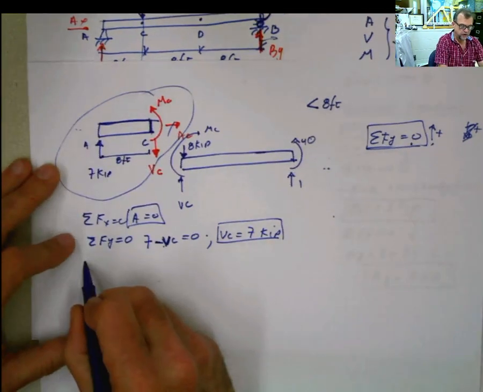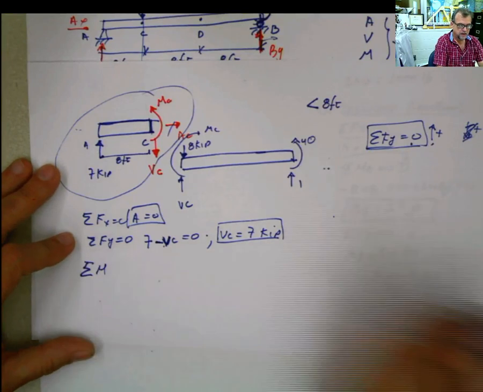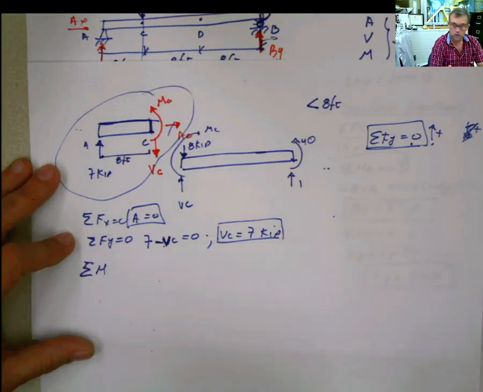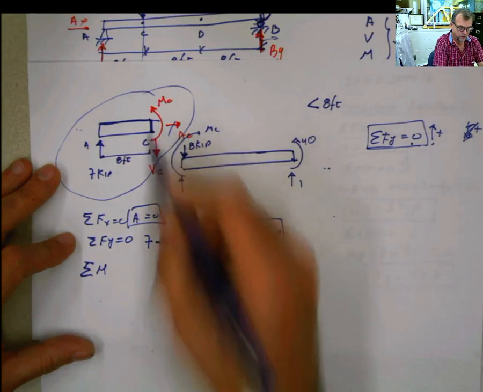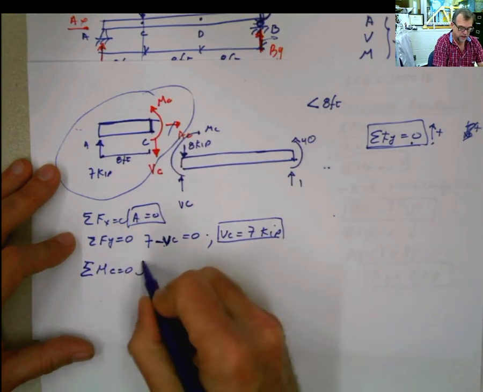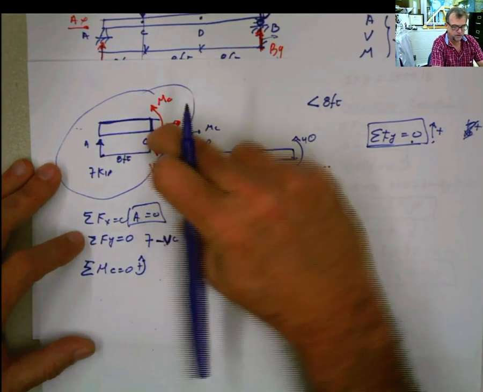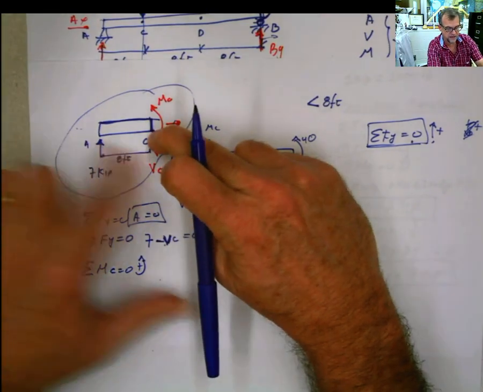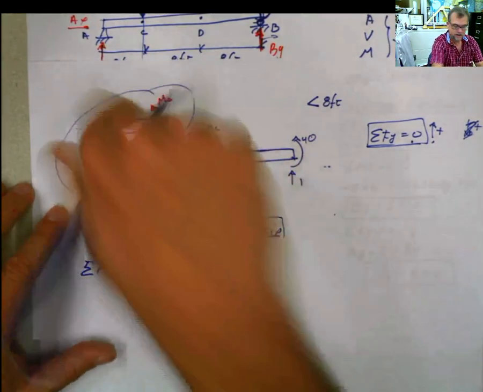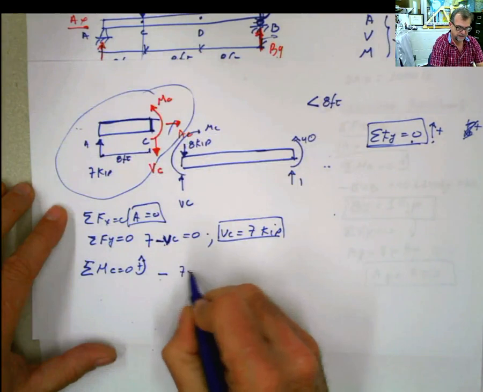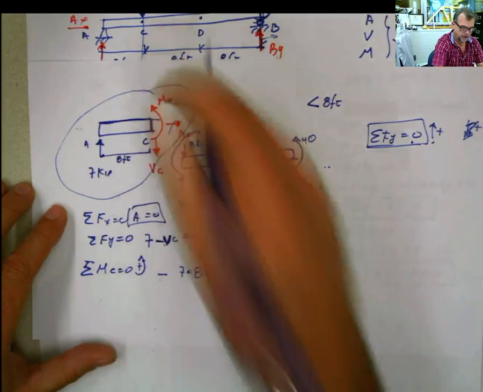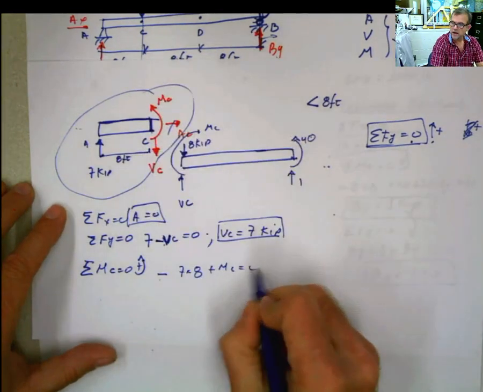And then you do summation of moments, and the easiest way for me to do it is always at point C, and I'm saying this is positive. So if I take moments there, I'm going to have negative 7 times 8 plus MC equals 0.